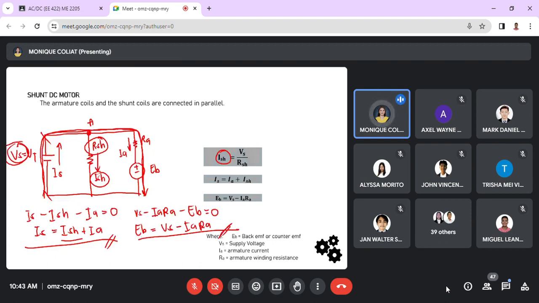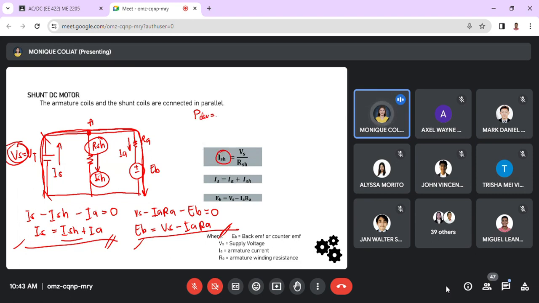So now that we have current and voltage for shunt DC motor, so you can get, let's say, power developed.